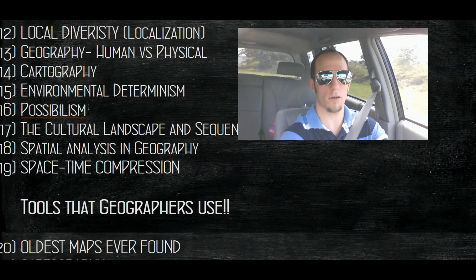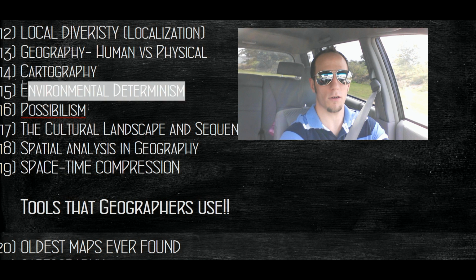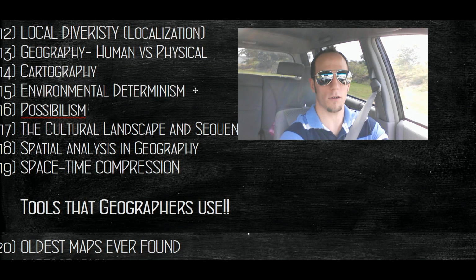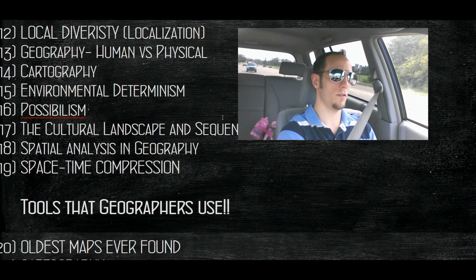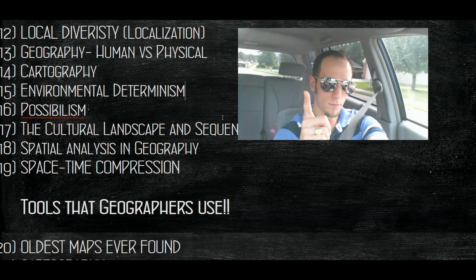Environmental determinism is a very important philosophy that we need to make sure we are familiar with. First of all, one of the most important things I'm going to say in this video is that no geographer today readily accepts the idea of environmental determinism. It was kind of like a social Darwinistic type mentality in the first place. Basically, what environmental determinists say is that the Earth is limited. People are limited on Earth by the environment around them.